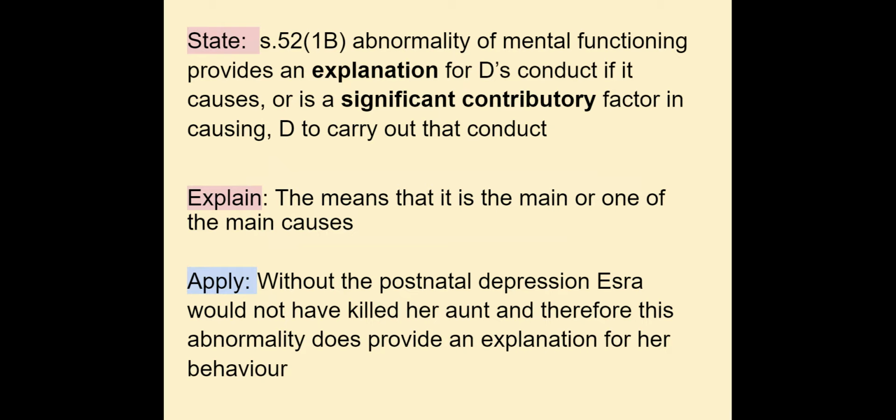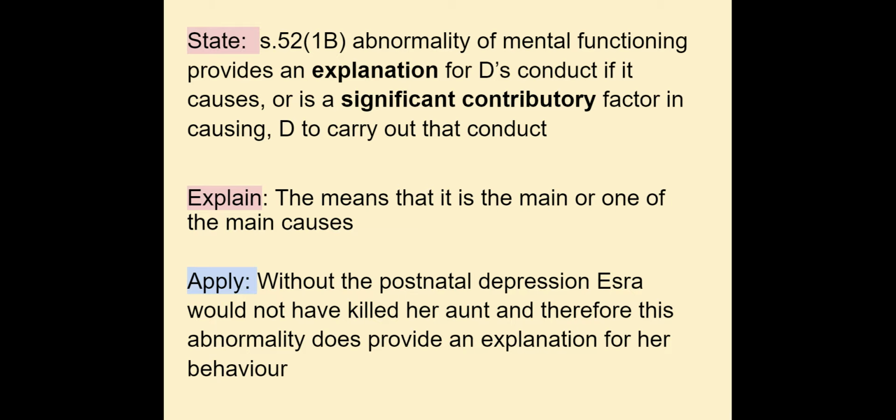And finally, we have to state Section 52(1)(b): the abnormality of mental functioning has to provide an explanation for our defendant's conduct, or at least be a significant contributory factor. And we can explain that it's got to be either the main cause or one of the main causes.